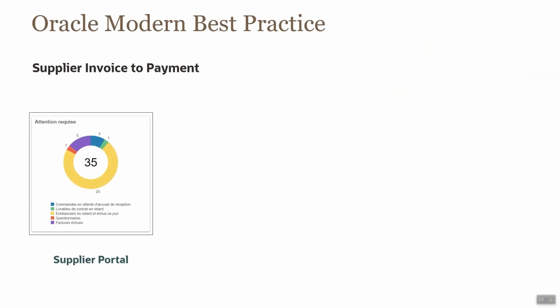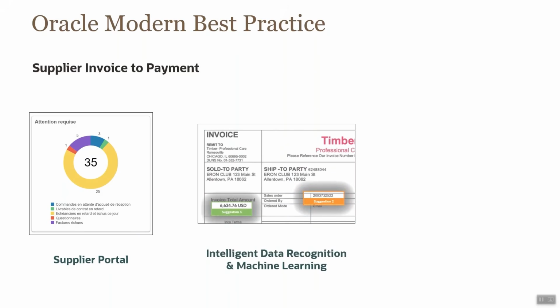Firstly, the cloud provides a portal called Supplier Fusion Cloud Portal, which allows suppliers to submit their invoices directly and to conduct self-service inquiries, for example, to check which payments have been made. Many suppliers and customers choose to send and receive payables invoices electronically via email.